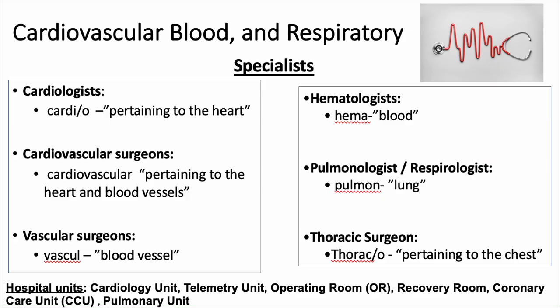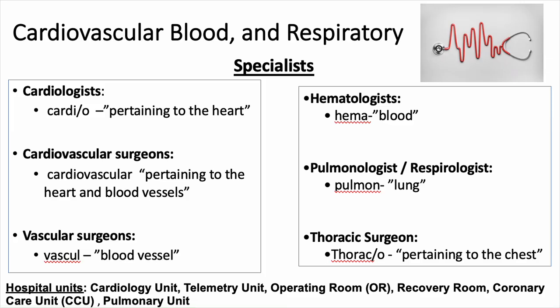A pulmonologist focuses on diseases of the lungs and respiratory system. Another name for a pulmonologist is a respirologist. They manage chronic conditions like asthma, COPD, or chronic obstructive pulmonary disorder, as well as acute issues such as pneumonia or pulmonary embolism even.